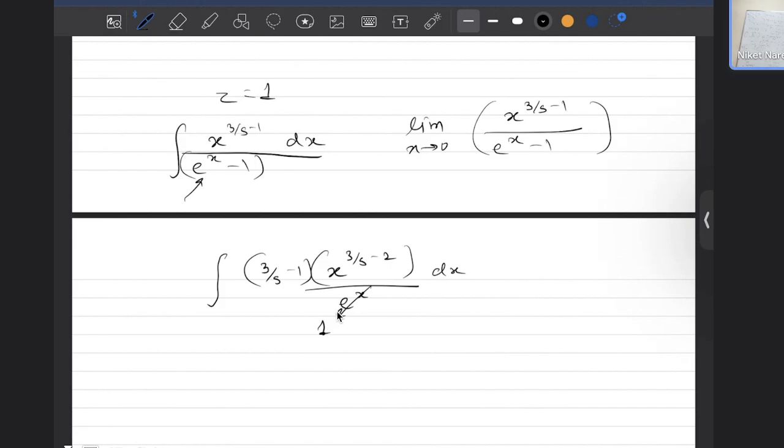This integral is what I require convergence on. I want basically this integral near x equal to 0 to converge, from 0 to say some epsilon.